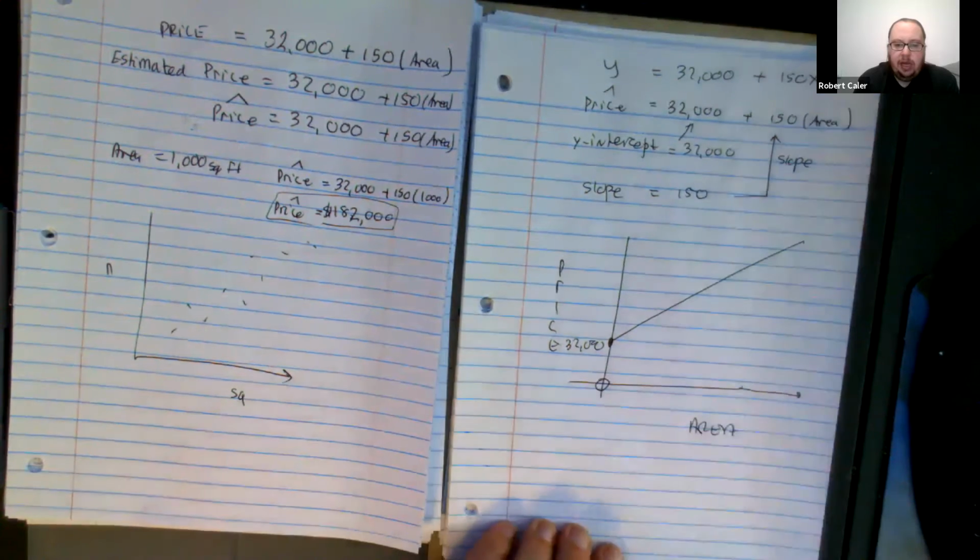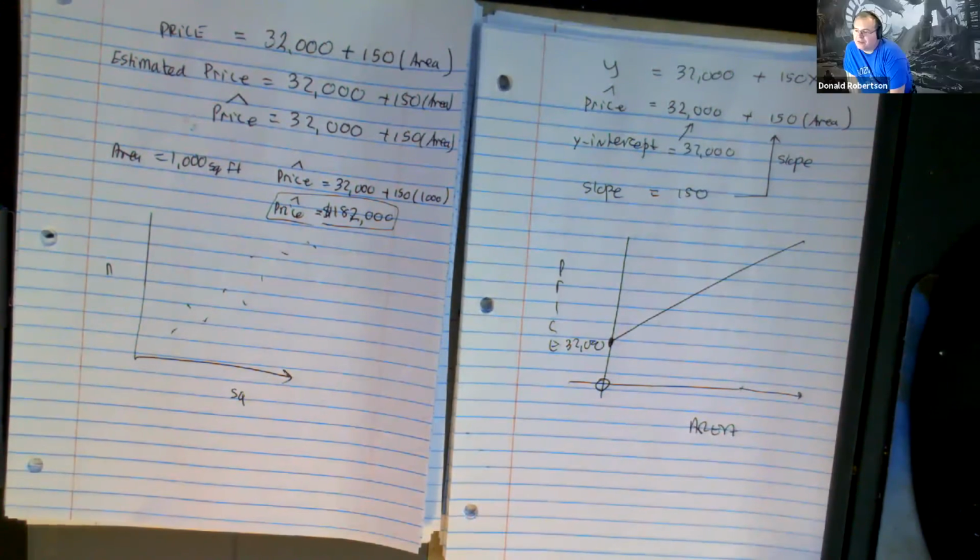That's the price of the land by itself. Is it not the price when the area of the house is zero? In other words, there's no house. So if you were just going to buy a plot of land in this area, it would cost you 32,000 for the piece of land. Right. Nailed it.